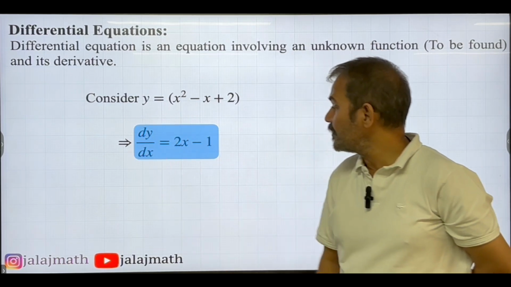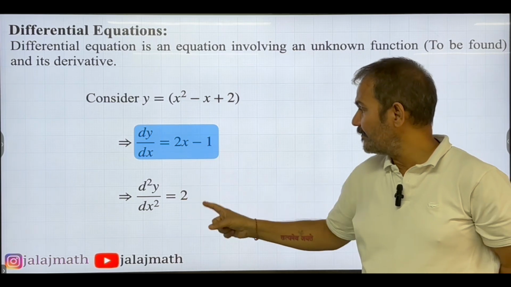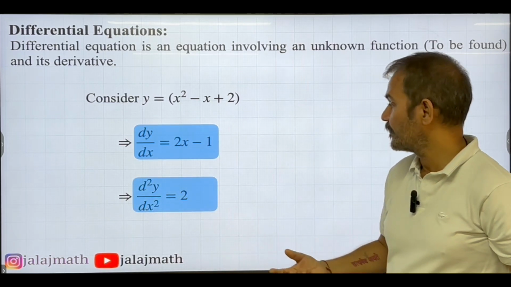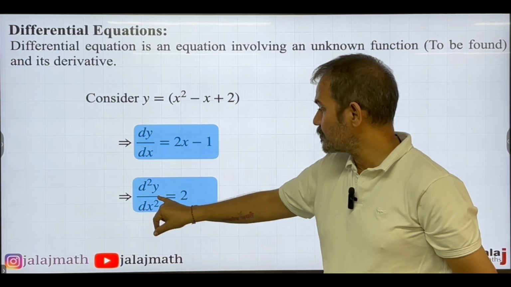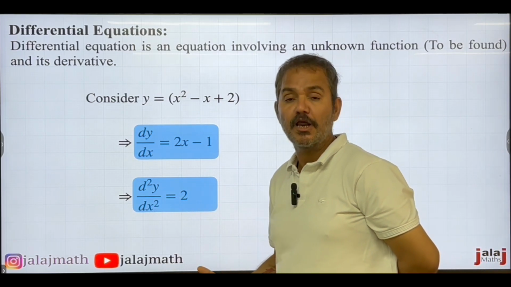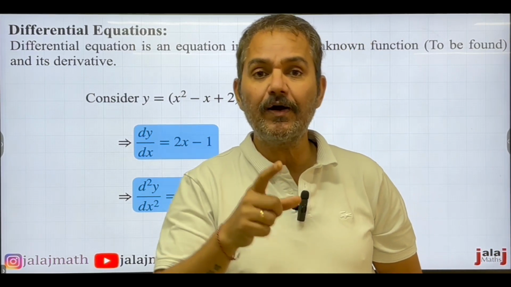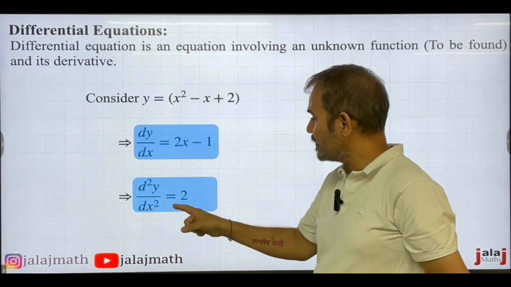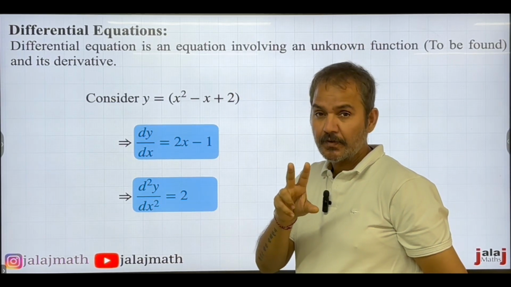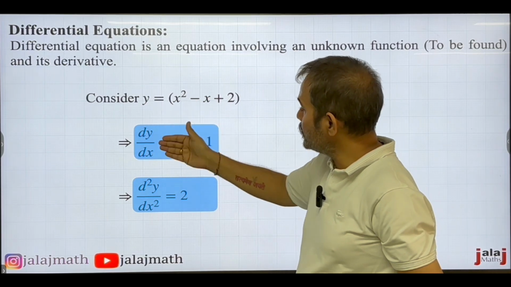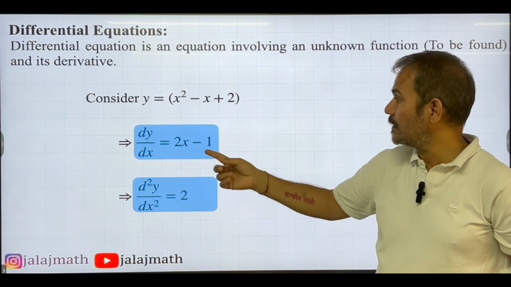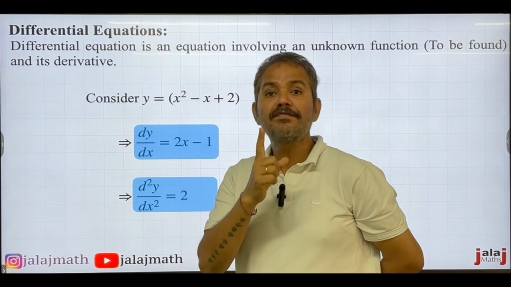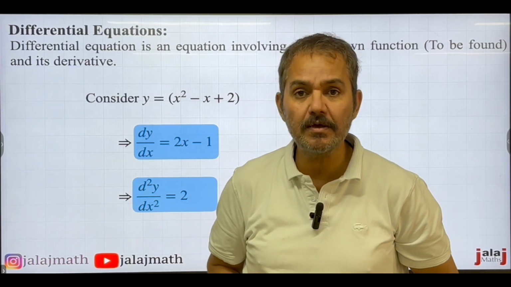If you differentiate this again, the second derivative is 2. This is also a differential equation. When you solve this differential equation, you will be finding that value of y for which the second derivative is 2, right? If your differential equation contains only dy/dx, we call it a first order differential equation.